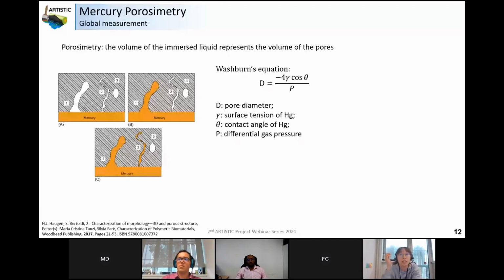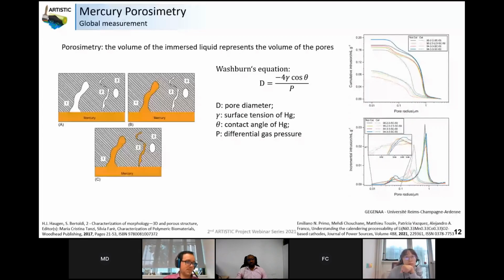The pressure applied can be converted to the pore diameter by this Washburn equation. Then we can get a curve of the relationship between the intruded mercury and the pore size. We can process the data, for example differentiate the curve, and then we can get the pore size distribution.